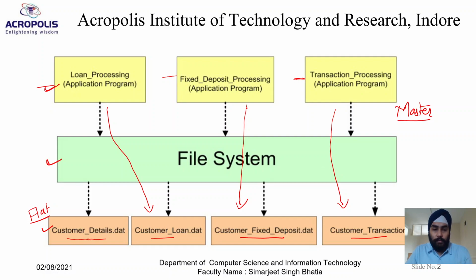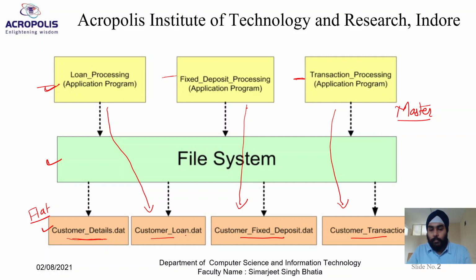For example, the customer underscore details.dat file will contain those details of the customer which will not change with respect to time. For example, the customer name will not change, or not change frequently. So the master file will contain those details which are not changed frequently.